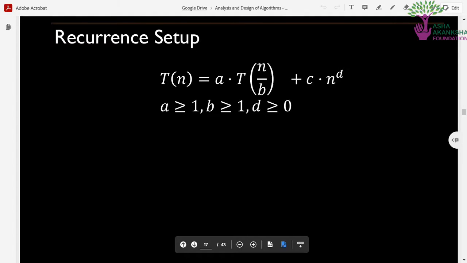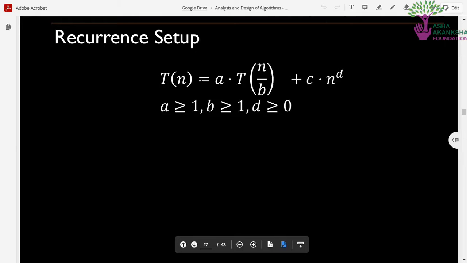T(n) is a function that will give us the time complexity of the given algorithm. n is the size of the input on which the time complexity depends, and T(n) maps that particular size to a corresponding asymptotic time complexity, which is written in big O notation, big omega notation, and big theta notation, all that.